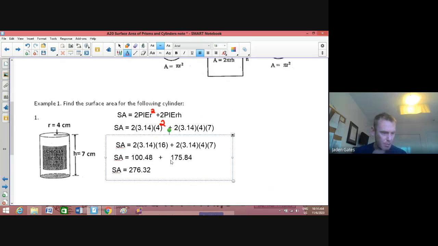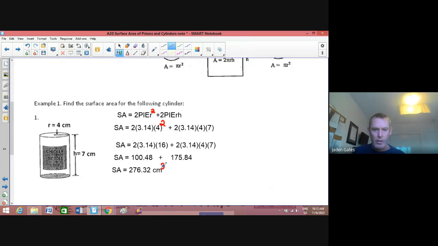Notice I'm going to 2 decimal places all the time. The units are centimeters, and we're looking at how many squares it would take to cover this can of soup. So that formula is a lot more involved because you get 2 parts to it. You have to really make sure you follow BEDMAS and substitute in correctly.